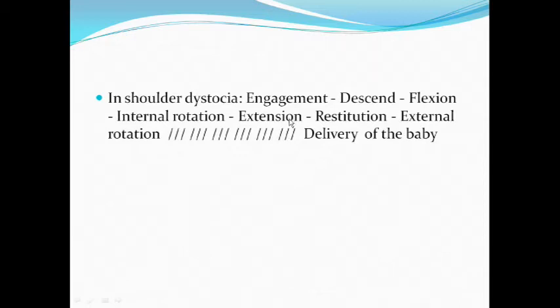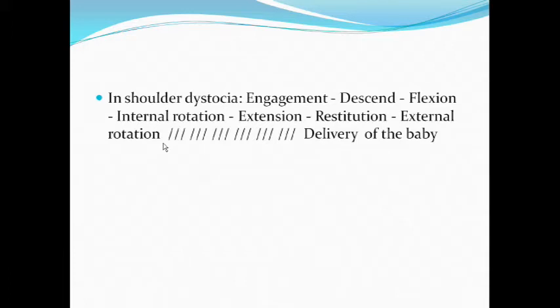Okay. So what happens in shoulder dystocia? There is delivery of the head by extension, and the process is the same: engagement, descent, flexion, internal rotation, extension. After the extension, restitution and external rotation of the head occur. After that, we have to deliver the rest of the body.